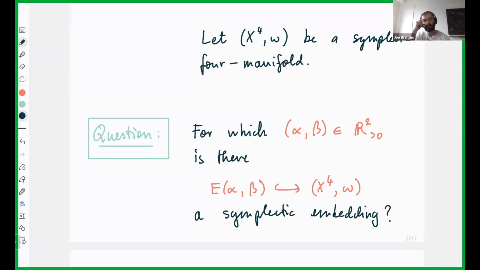Also, let's note that for small alpha and beta, this is always possible, just because of Darboux. You have Darboux's theorem telling you that locally your space looks like standard R4. So certainly you can find such an embedding if alpha and beta are small enough. This is a quantitative question for when you try to make them larger. When does this kind of symplectic embedding break down?